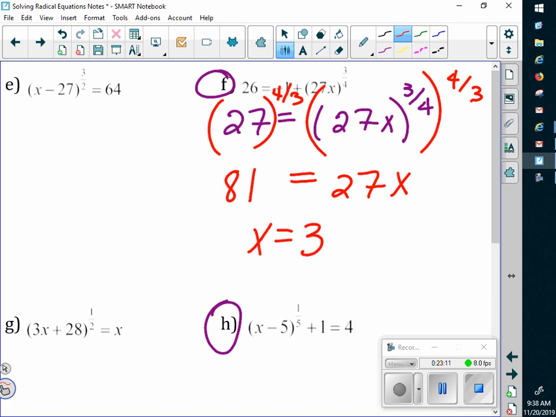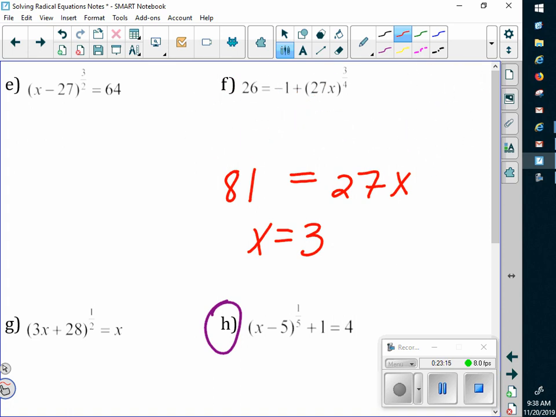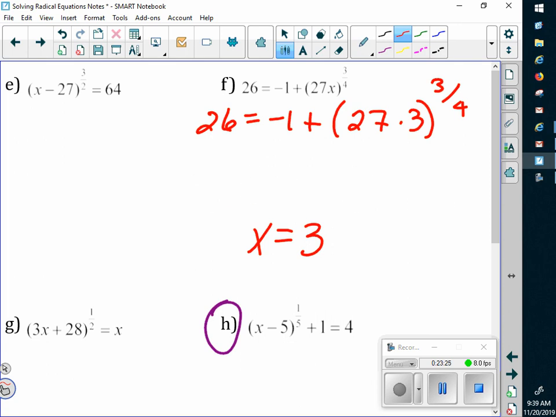Plug it in. All right. 26 equals -1 plus 27 times 3 to the 3/4. What do you do first? Do the parentheses. 27.